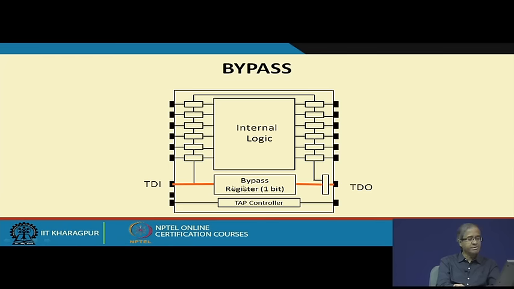It directly comes to this 1-bit flip flop, and after a 1-bit delay, when a clock comes, it comes to TDO. So, whatever bits you are shifting here, this particular chip will be bypassing that, and it will straight away send them to TDO, so it can go to the next chip. Bypass is used to skip a particular chip.